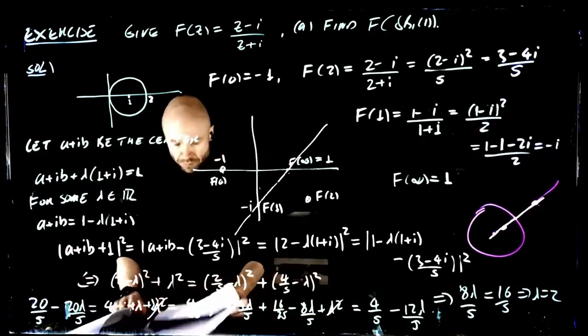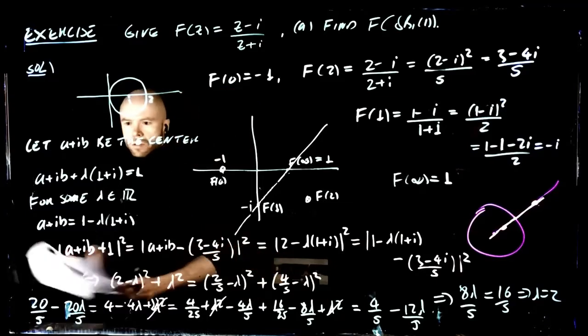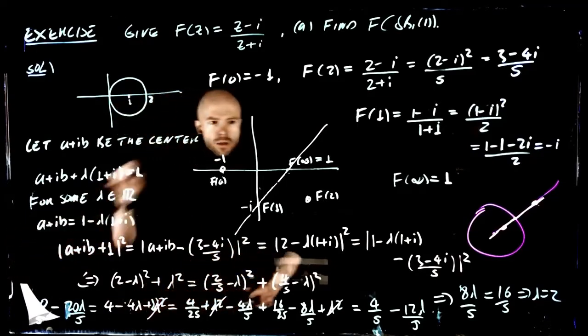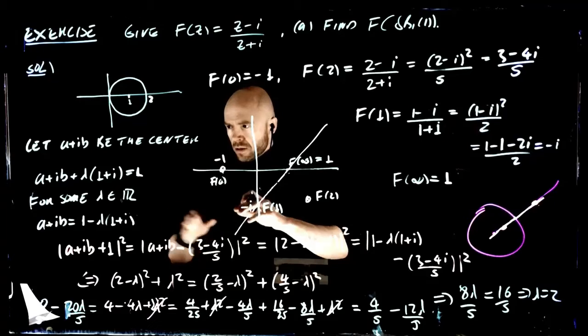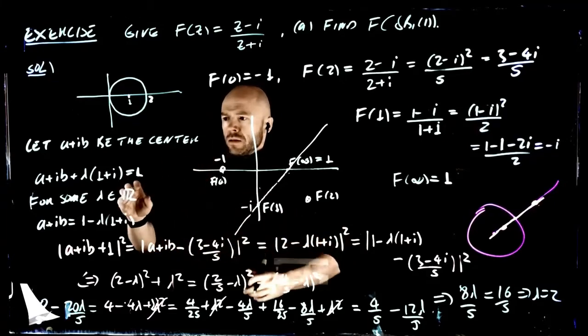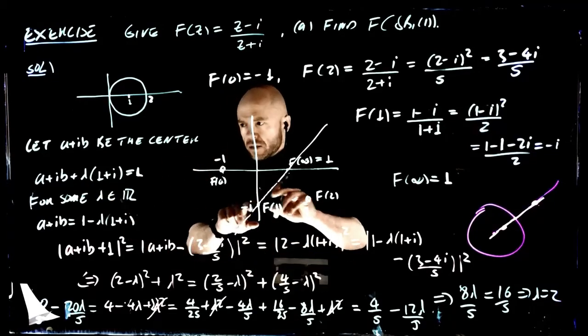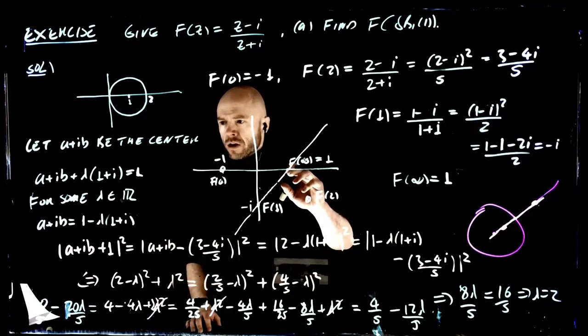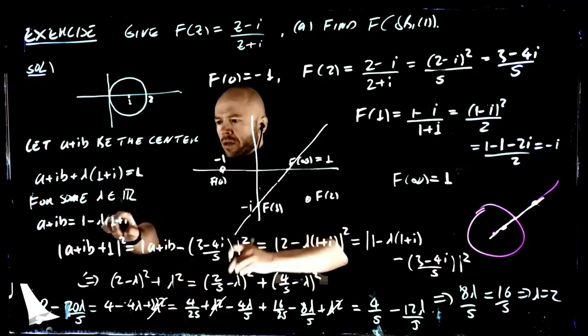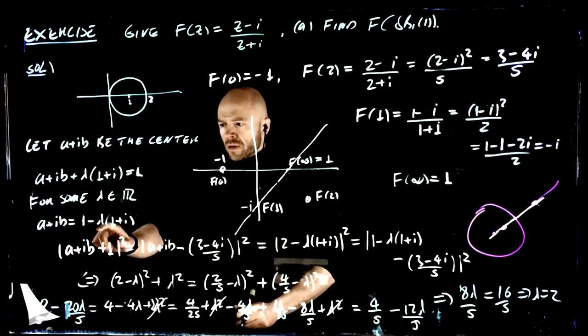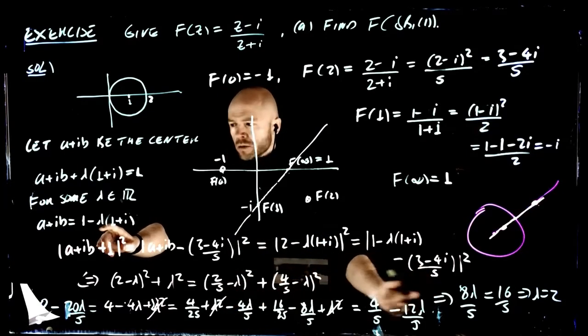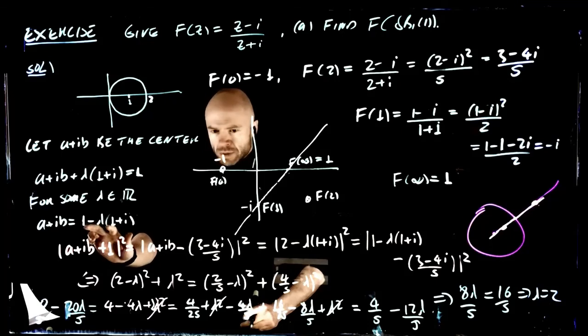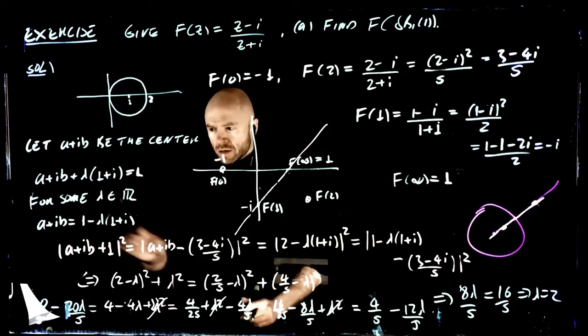Good. Cool. So, since we know the center is on a line like this, which has to go down from, or up, whatever you want, from 1, we've now found that this lambda is equal to 2, so our center, therefore, has to be given by this thing right here, right?